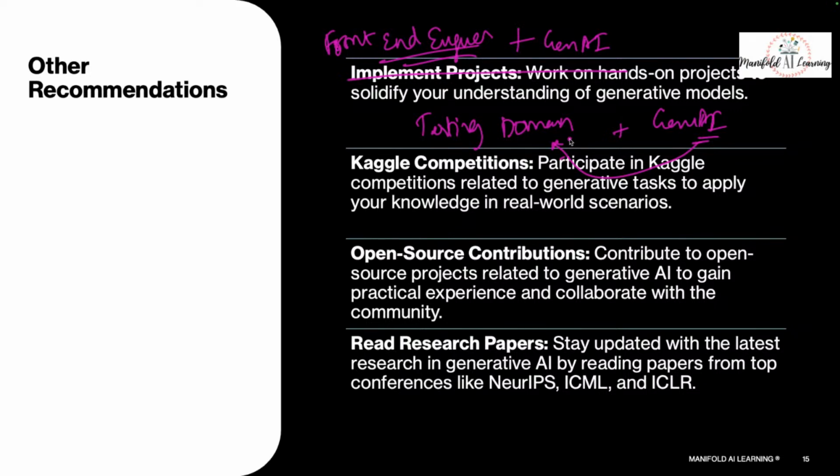Even if you're in manual testing, think about the way in which generative AI can help you become more productive with the project that you would create. So start implementing projects with the skill set you already have, because most of the learners I see already have a skill set in one domain or another. Use that as an asset and implement the project.